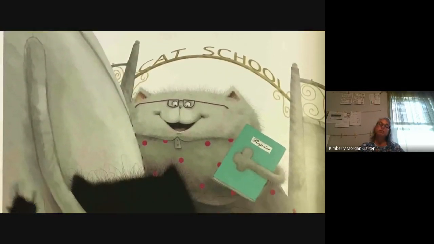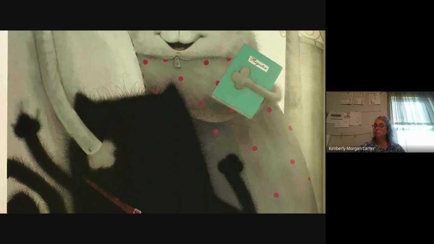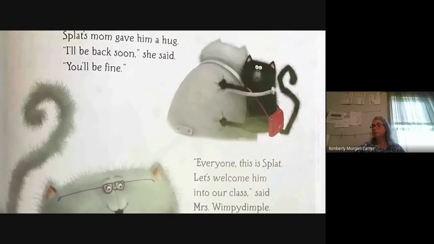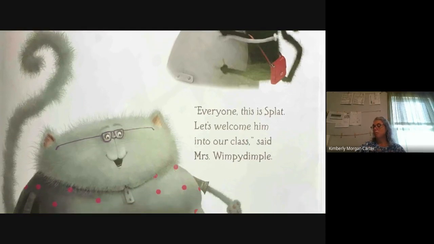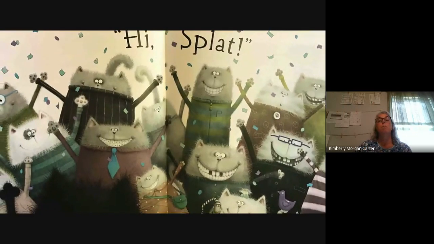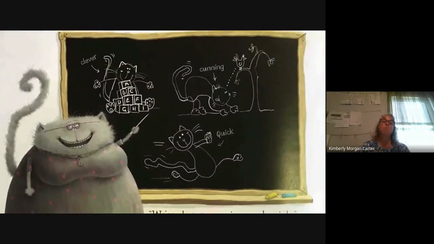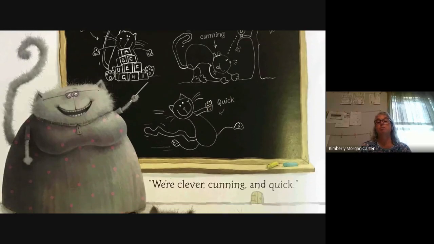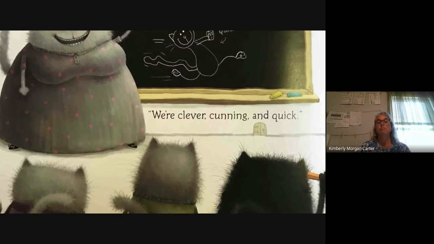Welcome to cat school, said a big round cat. I'm Mrs. Wimpy Dimple, your teacher. Splat's mom gave him a hug. I'll be back soon, she said. You'll be fine. Everyone, this is Splat. Let's welcome him into our class, said Mrs. Wimpy Dimple. Hi, Splat. Mrs. Wimpy Dimple began. Cats are amazing, she said. We're clever, cunning, and quick.